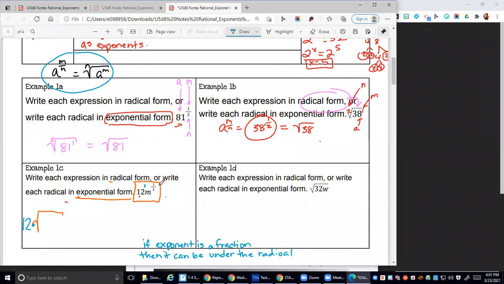So I'm going to go ahead right here, and I'm going to label. According to this, the numerator on top is m. The denominator on the bottom is n. And my a is what? What's my a? 12m or m? Just m. This is an important distinction, yes? Okay.